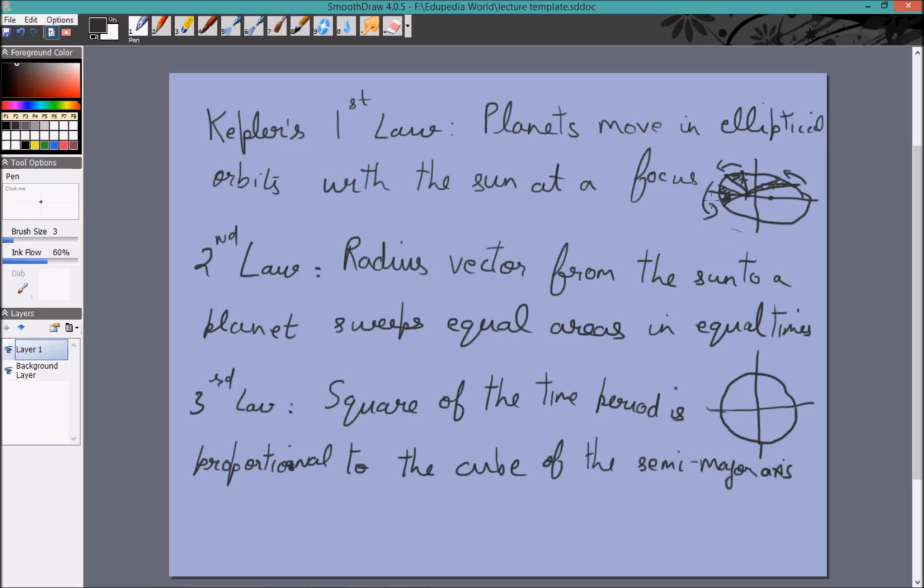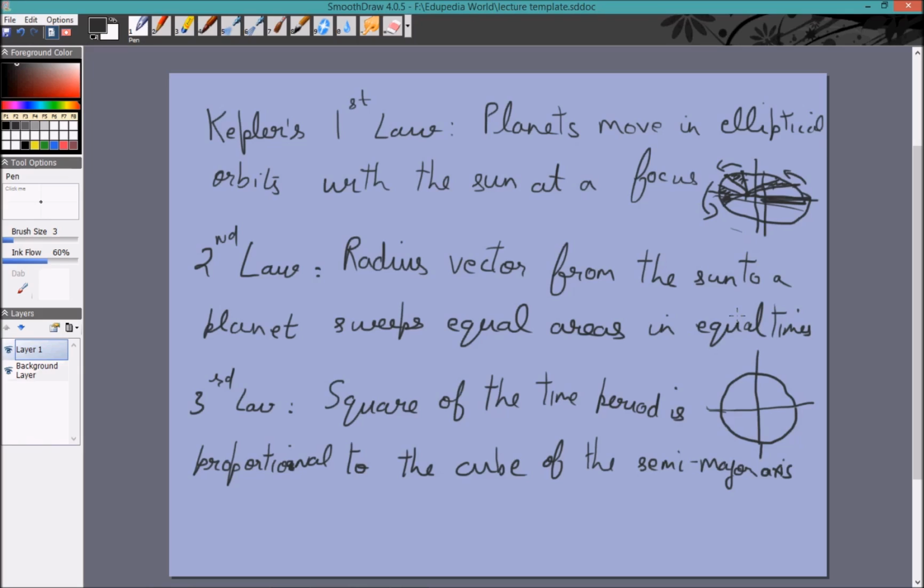So this is the major axis and this is the minor axis. Semi-major axis is half of the major axis. It says that the square of the total time taken to complete one revolution is proportional to the cube of the semi-major axis. This particular law helped us in relating the motion of different planets to each other.